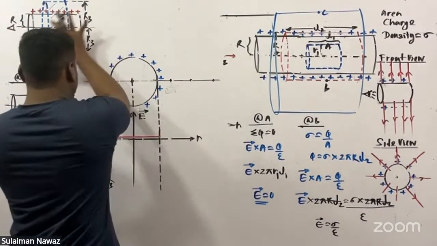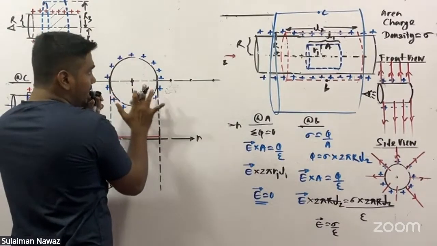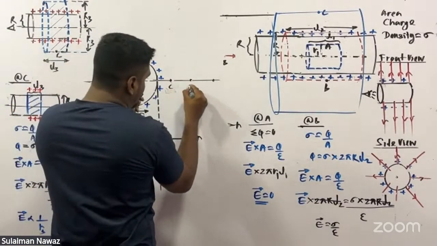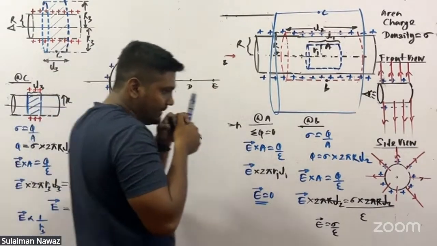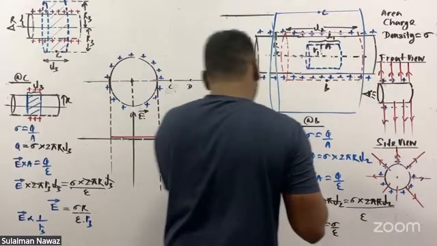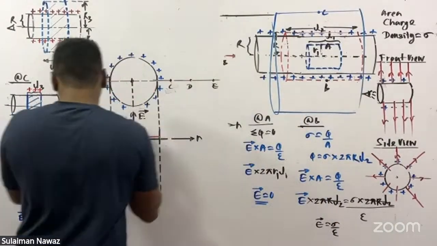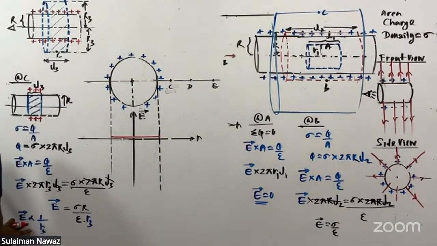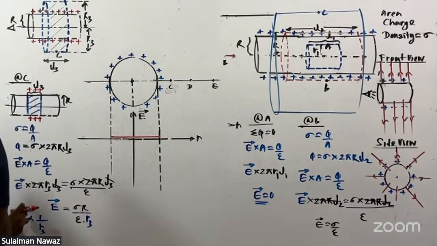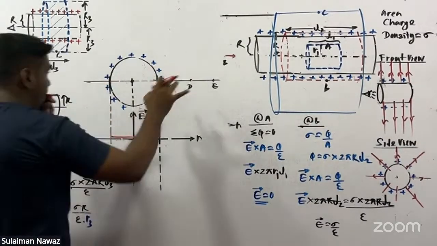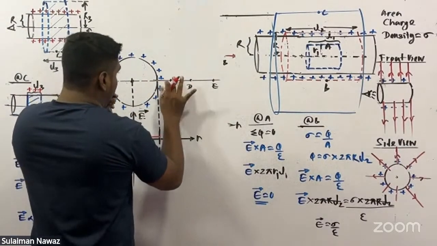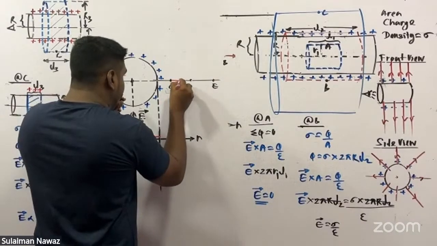Point B is here, point C, point D. If you mark the direction of intensities, the direction of intensity at A is going to be right side direction. According to this equation, intensity is inversely proportional to the distance measured from the center of the axis. Right? Then as you go far, intensity decreases.